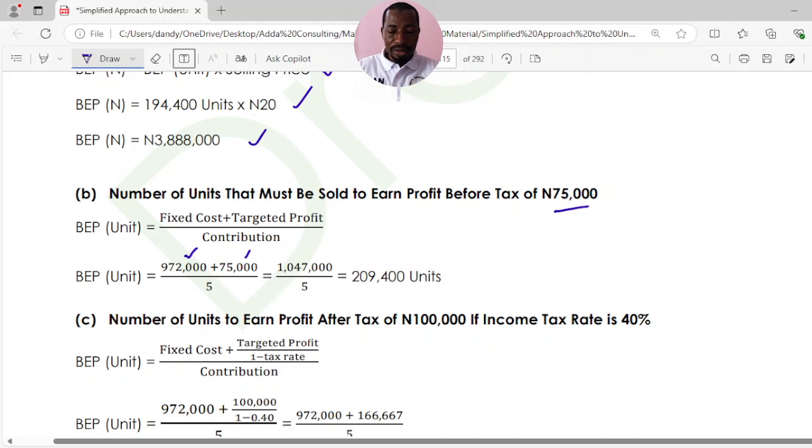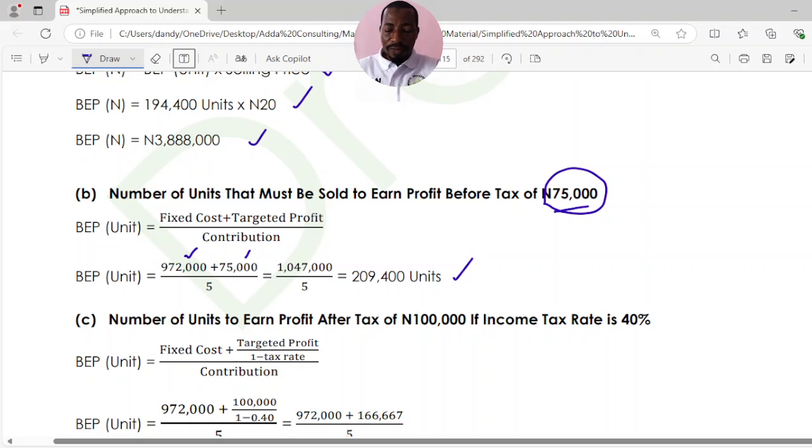Okay. Therefore, 1,047,000 divided by 5 will give us 209,400. So for the company to be able to earn this targeted profit of 75,000 naira, the company must be able to produce 209,400 units.